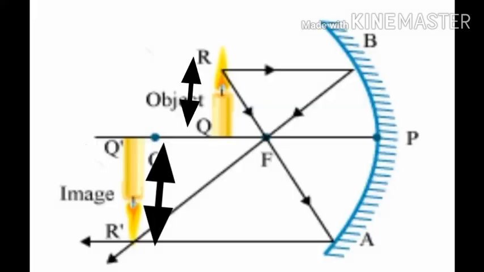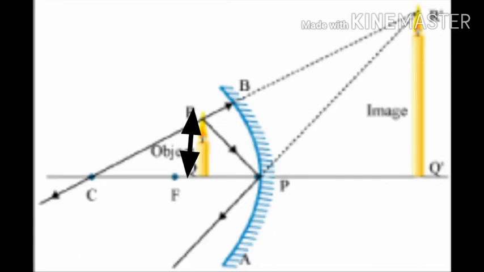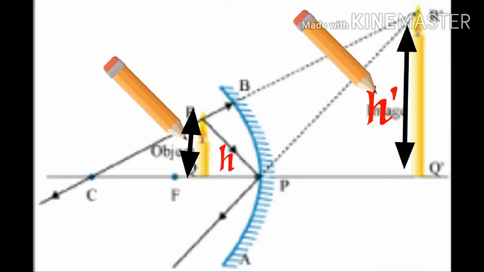And the image height, that is the height or depth of the image formed as a result of the reflection. Usually the object height is represented with small letter h and the image height is represented with small letter h dash.